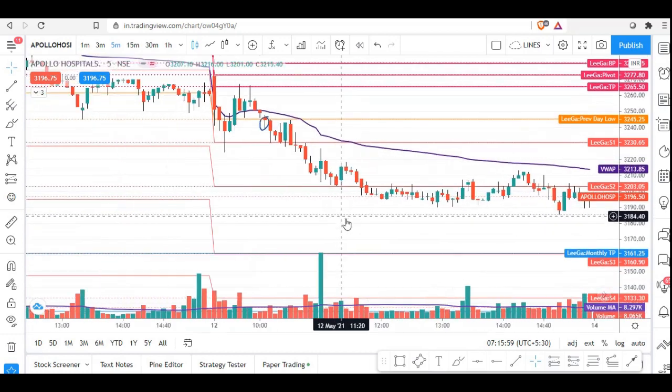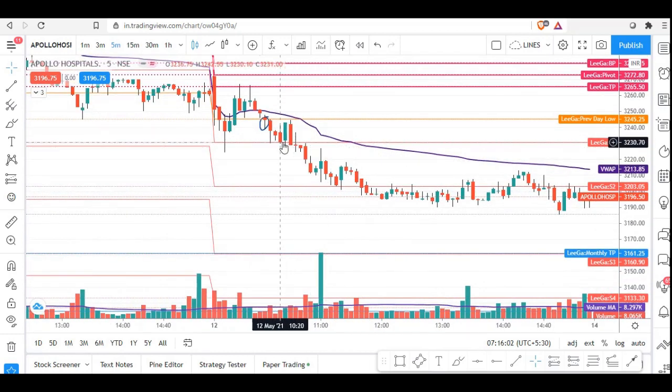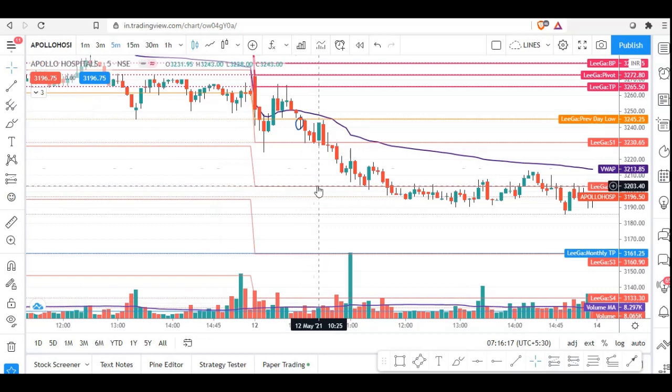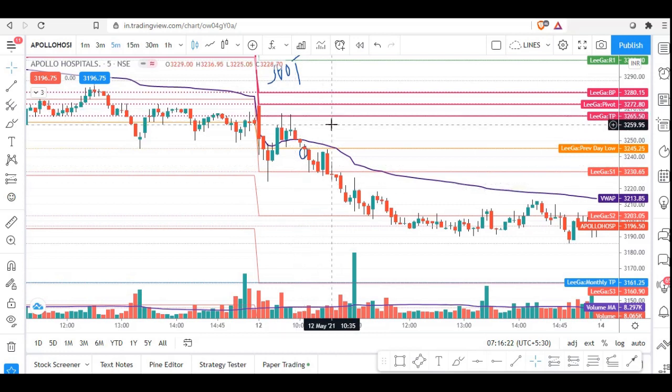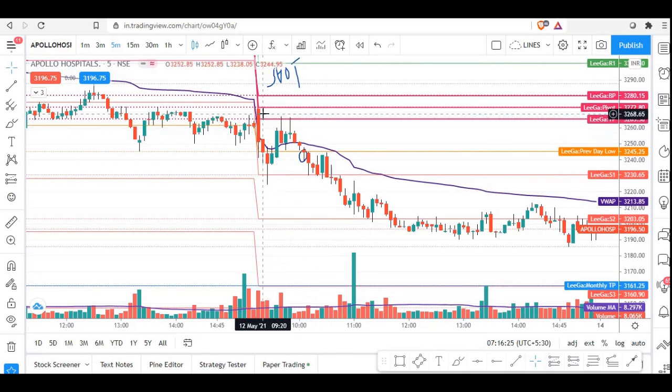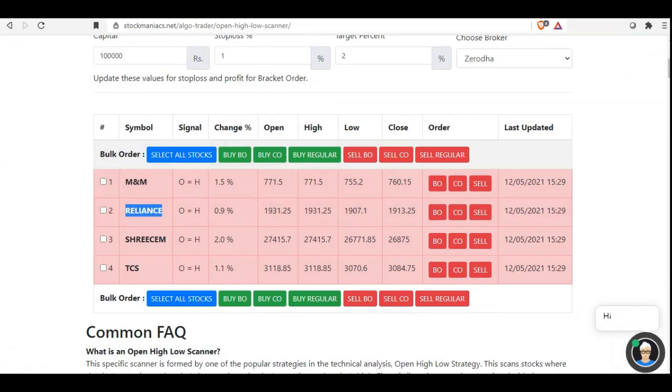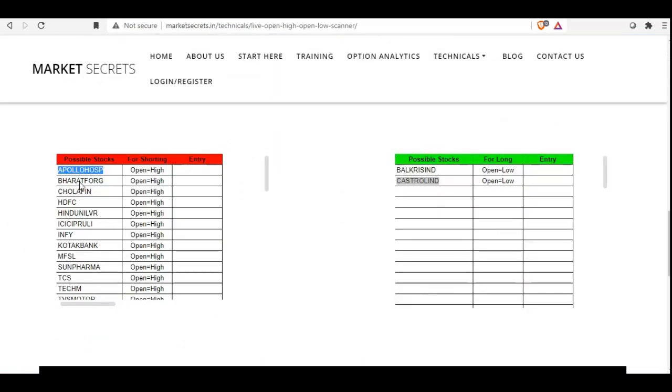Then a sharp fall up to 3230, then 3202. This is a support. Safe players can take entry only below this S1. Our first target is S1. So what are the conditions for short? For short entry, only below the CPR and the VWAP. You can check once more.